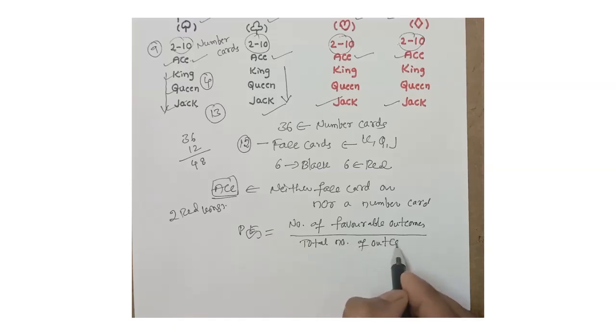Here, favorable outcomes are 2 red kings, and total outcomes are 52. So 1 by 26 is the probability of getting a red king.